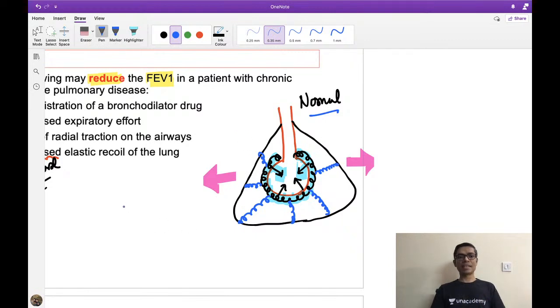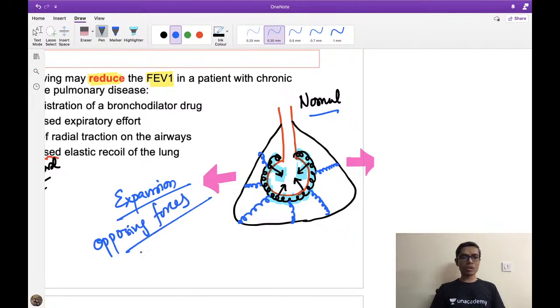That means whenever you are trying to expand this alveoli, during the expansion there are some opposing forces. One of these opposing forces that we have just discussed is the elastic recoiling of the lung.